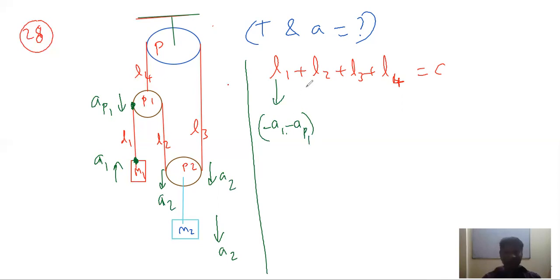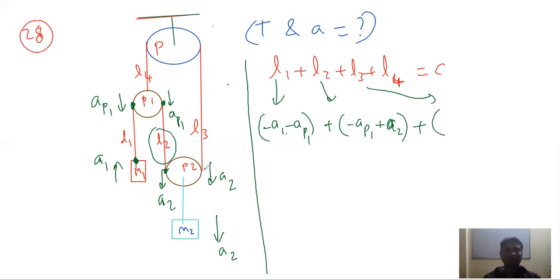For L2, we have 1 point here which is moving down, leading to decrease in length of L2. So minus AP1. Again, this point is moving down with acceleration A2, leading to increase in length of L2. Because as this point moves down, L2 length will increase. So plus A2 here we have.